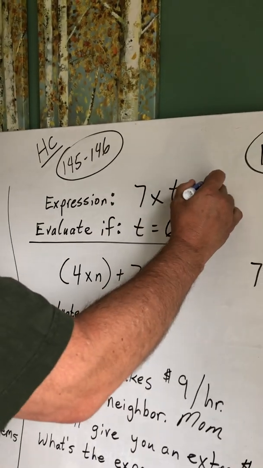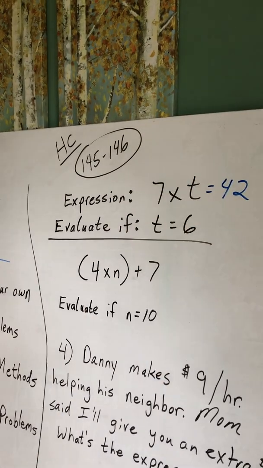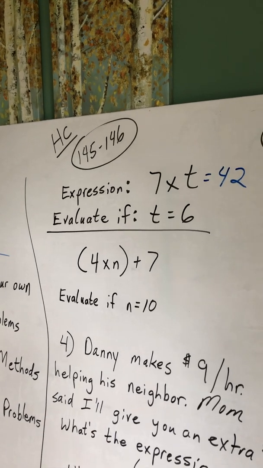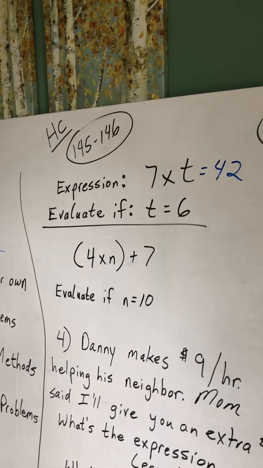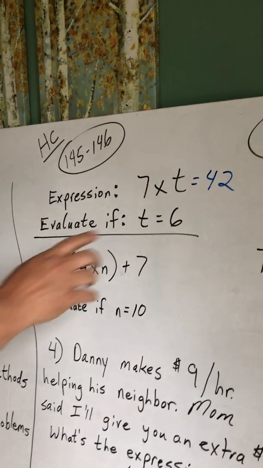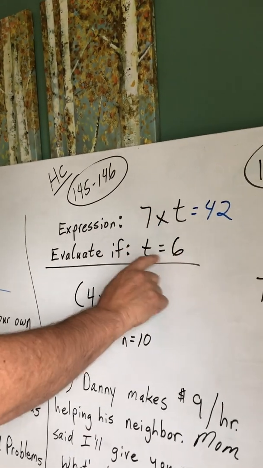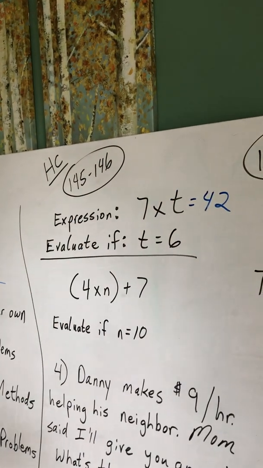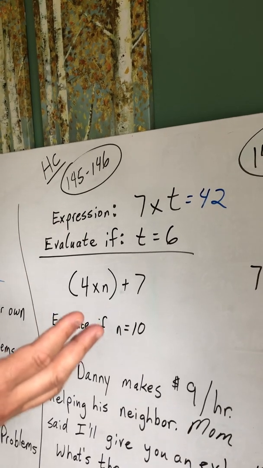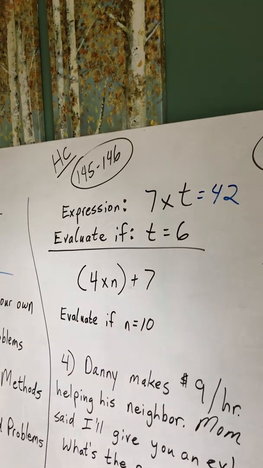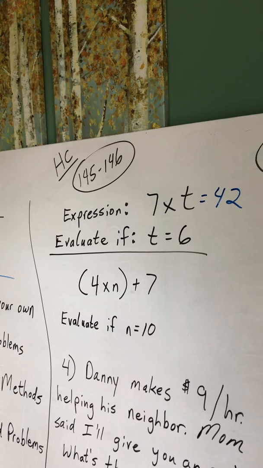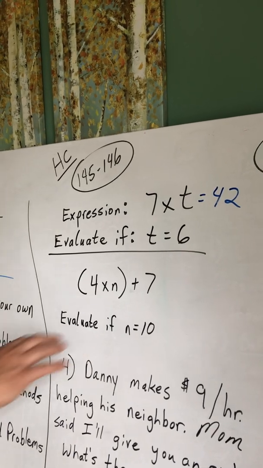And now we've got the full equation up there with the answer. So that's what evaluate means, so don't let that fool you. It just means, hey, here's the formula. What if t equals 6? What's the answer?